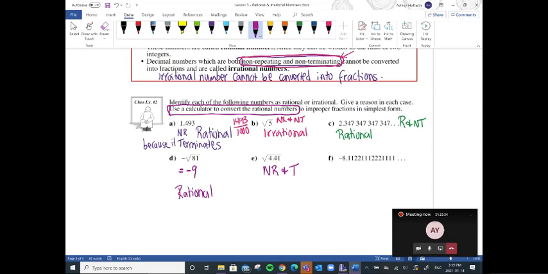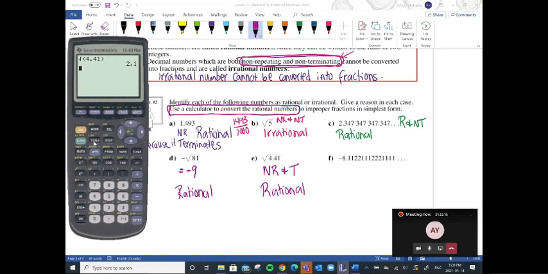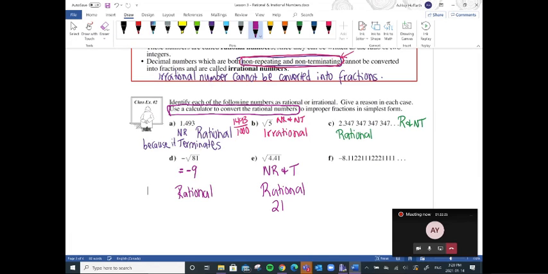Again, to be irrational, it has to be both non-repeating and non-terminating. This only has half of that, so this would have to be rational. If we change that into a fraction, all you have to do is have your answer up there, math button, enter, enter. 21 over 10.